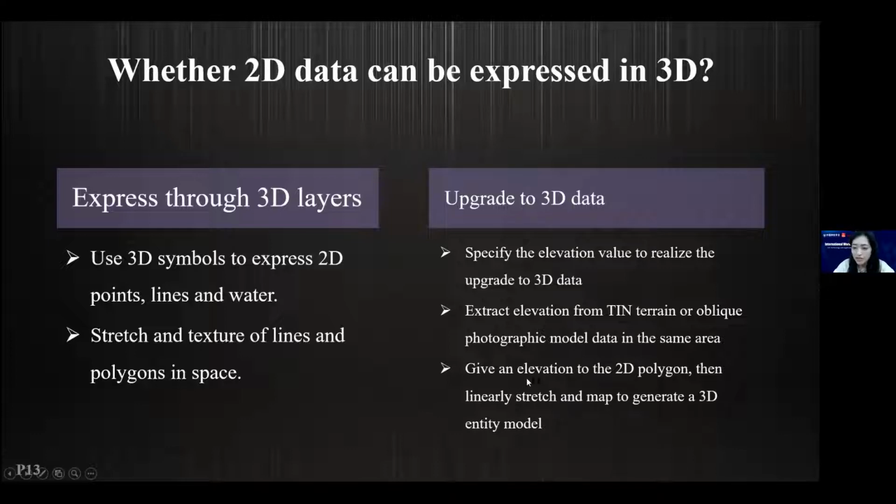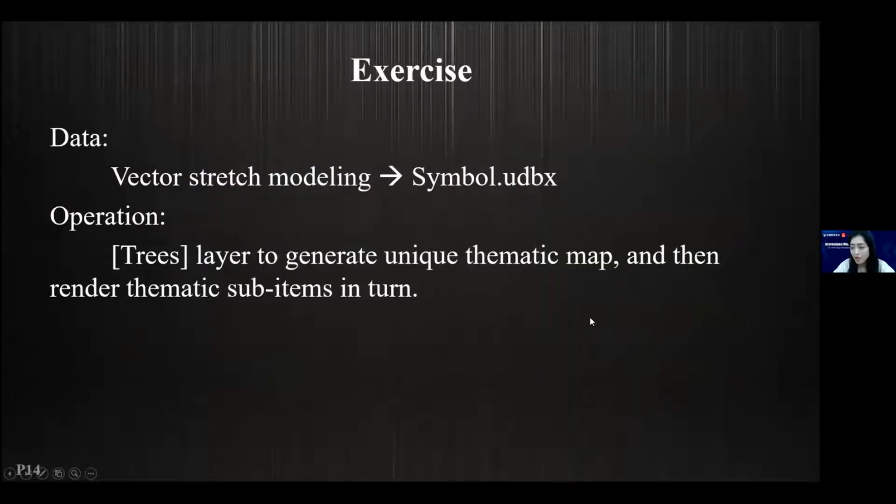So what's the difference between this method and the stretch method? For the first idea, the stretch and texture setting just dynamically stretch the model. But if we give an elevation to the 2D data, we could generate a real 3D intensity model. So let's do our first exercise of our class.